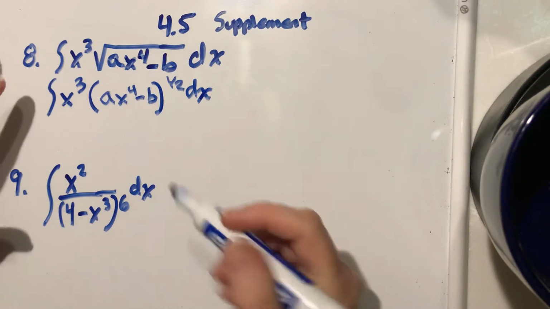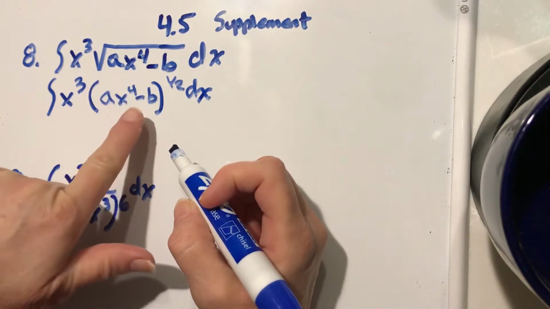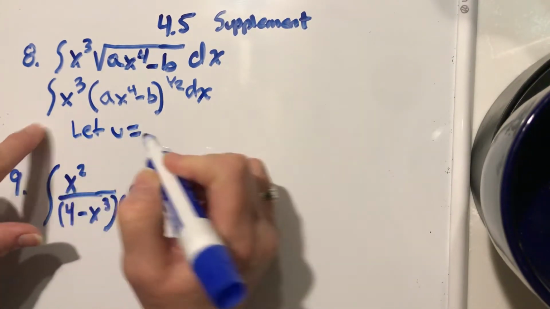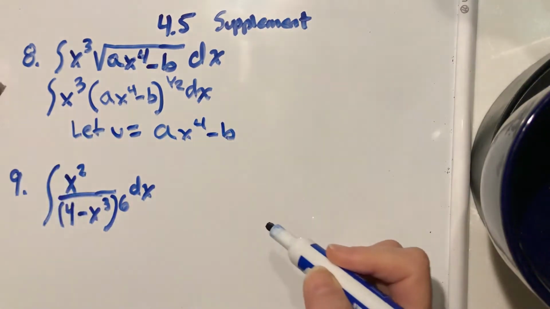Okay, so we're going to do this by substitution where we take the inside and we say let u. So I'm going to say let u equal ax to the fourth minus b.